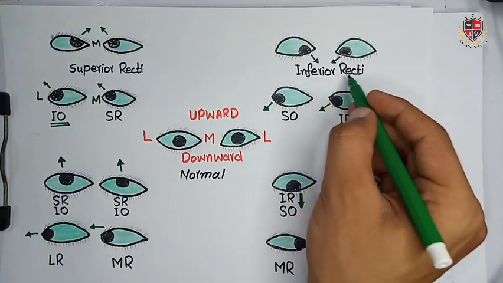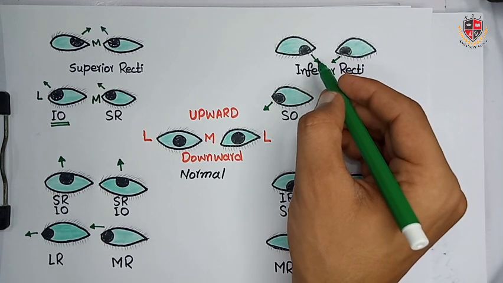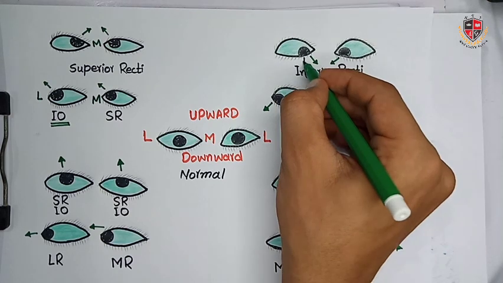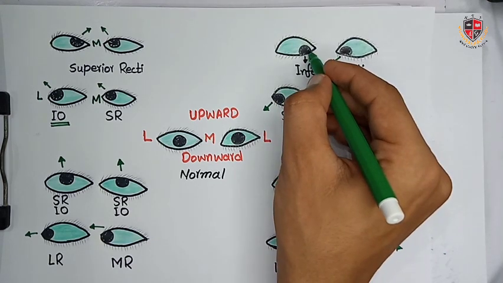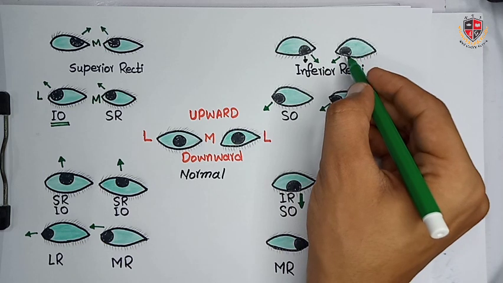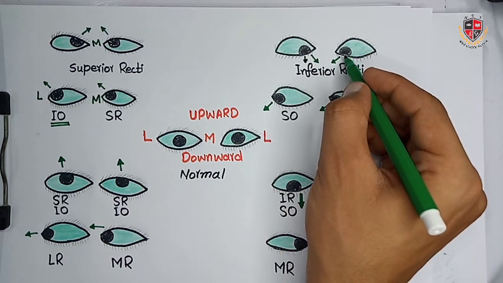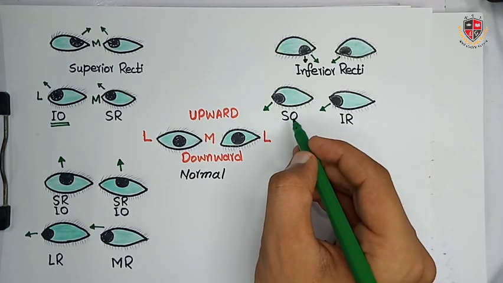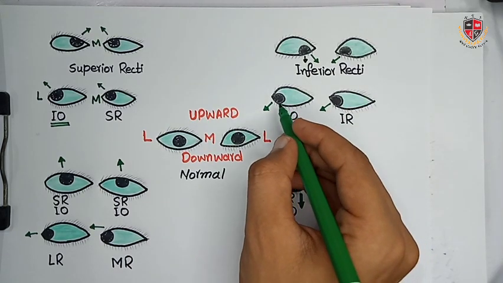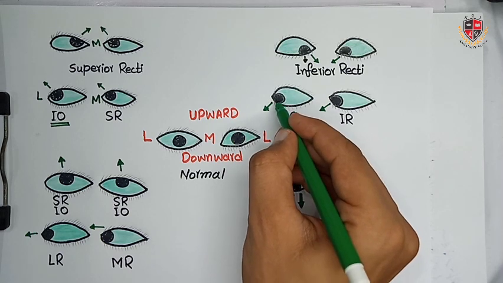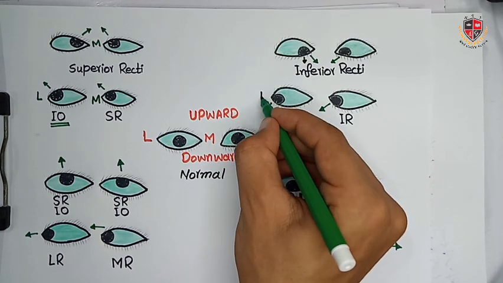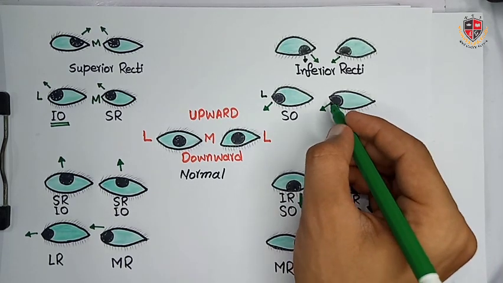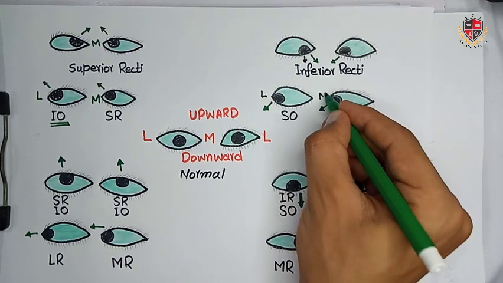And this is the inferior rectus. Inferior rectus causes the movement of the eyeball to move inferiorly in the medial direction, that is, downward in the medial direction. This is the superior oblique muscle. Superior oblique muscle causes the movement of the eyeball downward in the lateral position, while inferior rectus causes the eyeball to move downward in medial position.